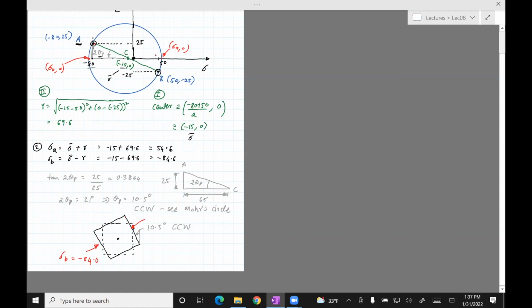Okay. And then we know that this point here is going to be at 90 degrees to this direction. So it's always going to be on the other face. So that stress is going to be 54.6. So sigma A, 54.6, same over there. And then we see that the shear stress is 0, right?